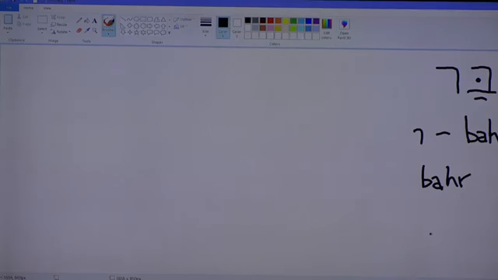But this is bar. Or, let's do another color. This one's got lots of colors. Still a bet, and we're going to combine it with a dalet, and we're going to go like that. How would that get pronounced?